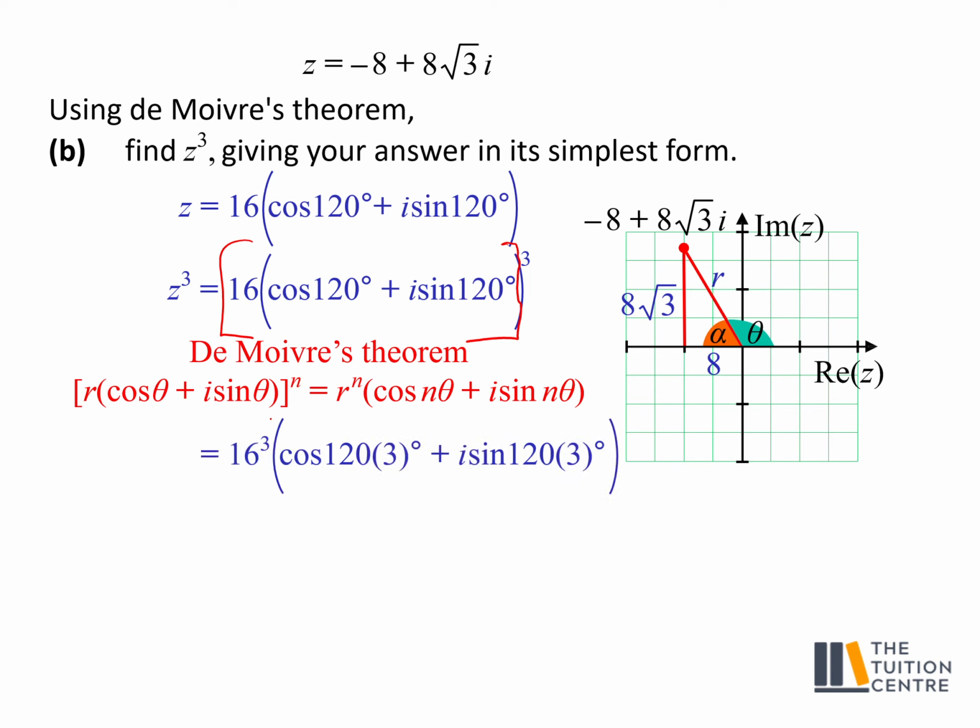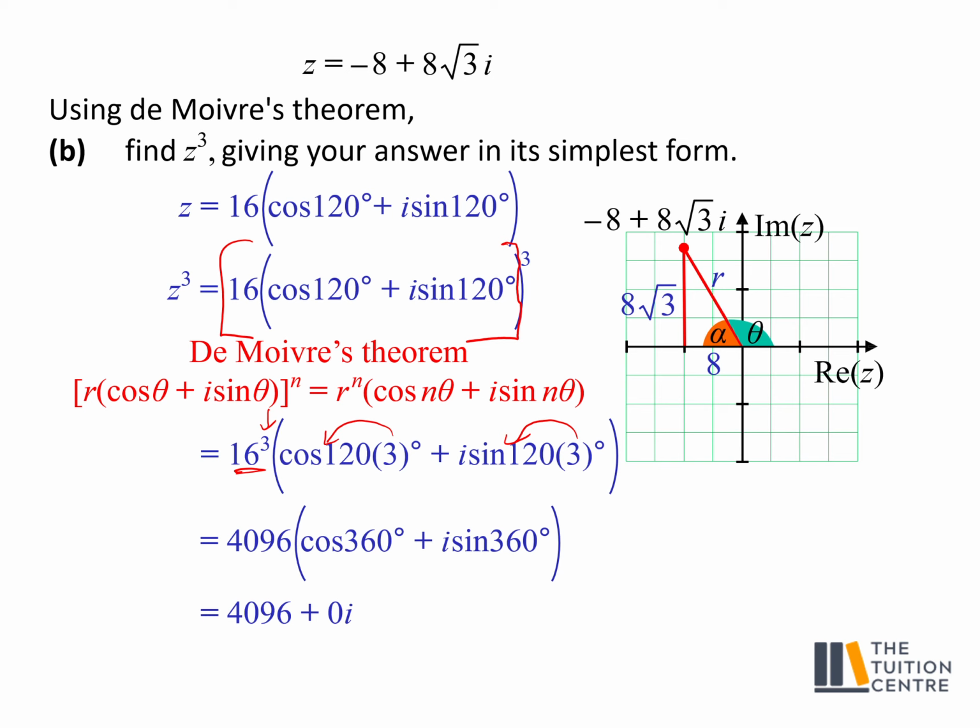So again, the modulus gets raised to the power and the argument gets multiplied by the power. It ends up as the same thing, 4096 times cos 360 plus i sine 360. Cos 360 is 1, sine 360 is 0. I get 4096 plus 0i. Okay, that's my answer for that part.